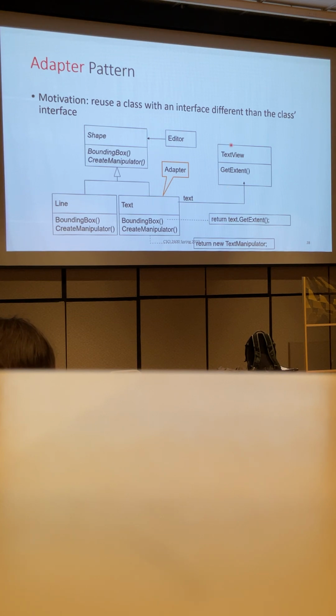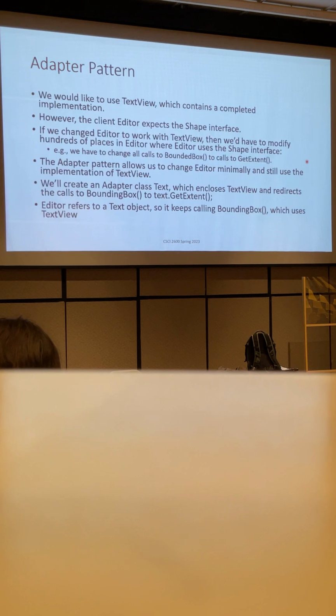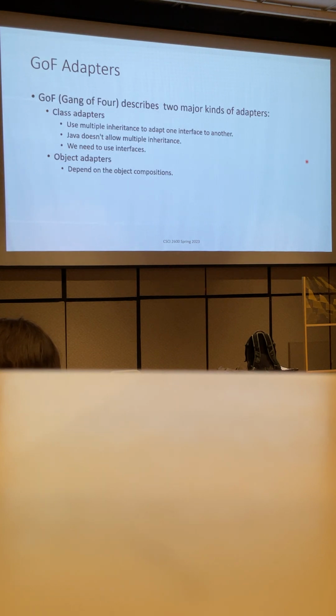The motivation here is to reuse a class with an interface that is different than the interface of our class. So that would be another example of an adapter pattern. All right. What else? Yeah, the Gang of Four describes two types of adapters, class adapters and object adapters.